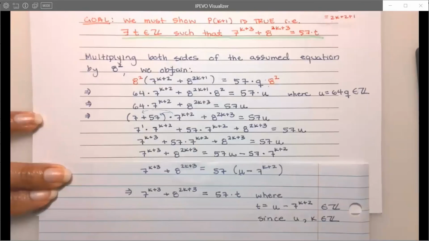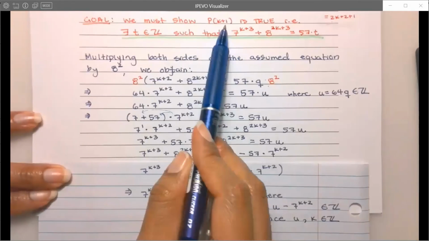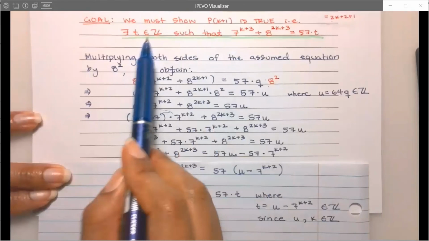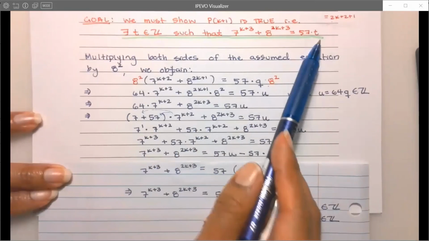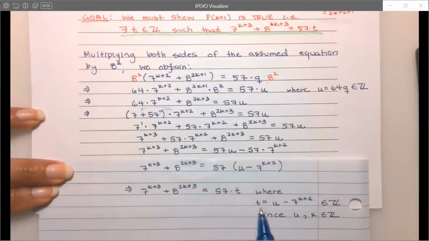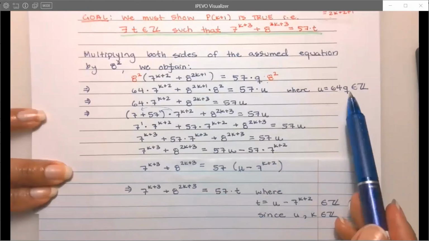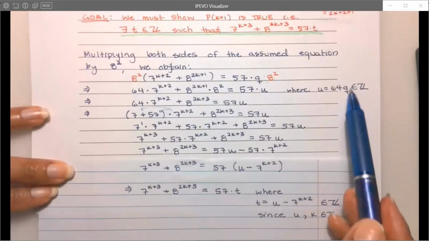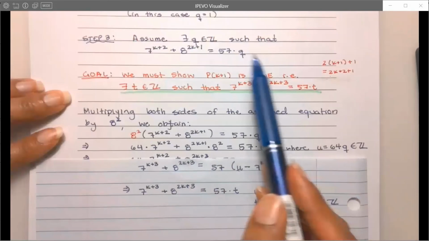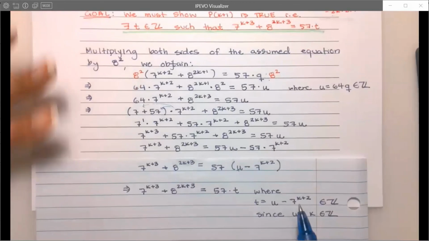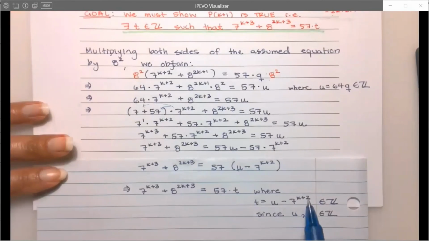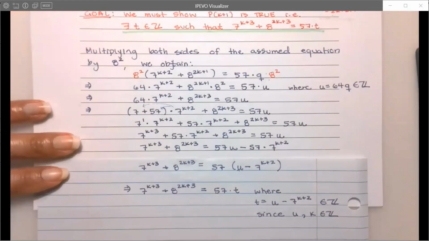So that shows that p of k plus 1 is true, right? Because p of k plus 1 being true means that there was going to be some integer such that the sum of these two terms gave you 57 times that integer. And we're finding what that integer needs to be. It needs to be u, which is 64 times q, where q is whatever integer is found here under the assumption, and then minus 7 to the k plus 2, which will be an integer as well.